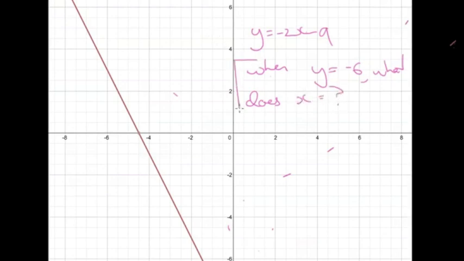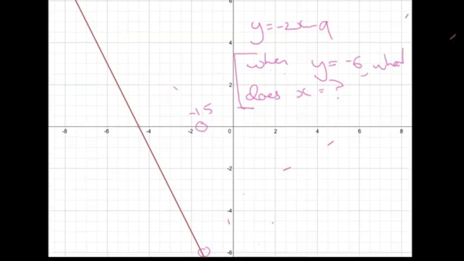If we're using the graph to find it, all we have to do is say, when y equals negative 6, 6 down, what does x equal? And it looks like it would equal, what do you reckon, negative 1.5 probably.